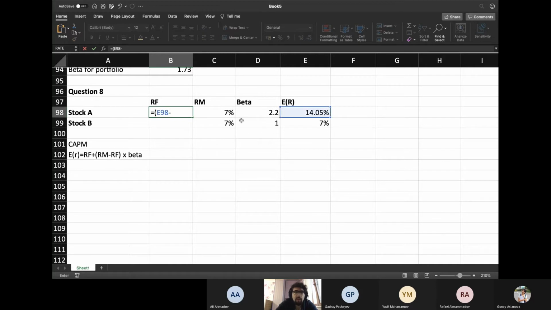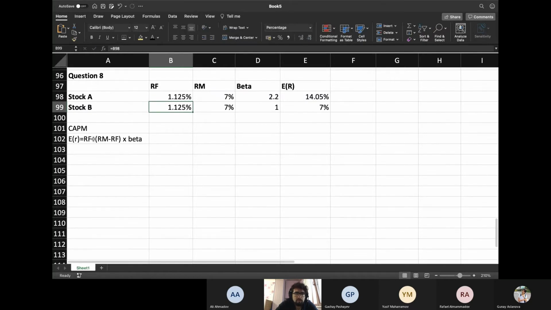Expected return minus market rate multiplied by beta divided by 1 minus beta. It is also true for this. What I did here, I just solved the equation for the RF.